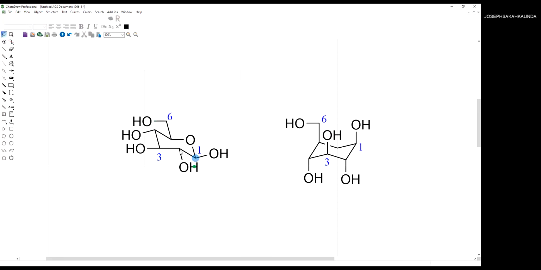And then this 2 is small, but in this ring, this is the smallest form. But carbon number 6 overall is the smallest, CH2OH, around 60 something, 61, 60, 63.